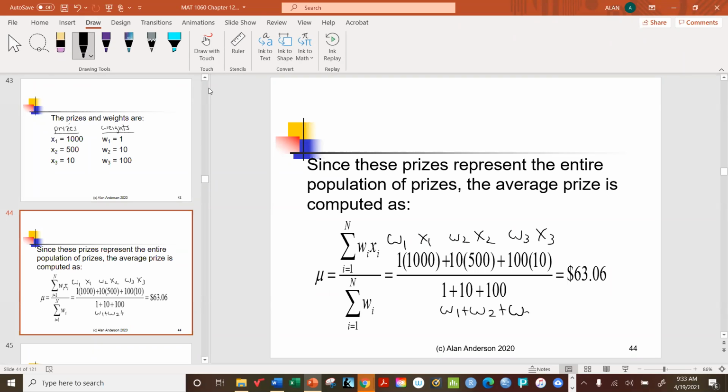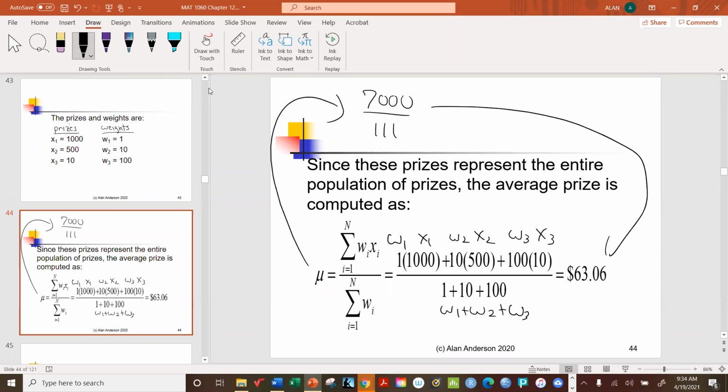I'd also like to point out, I should have done the calculation separately, but in the numerator you've got 7,000, and in the denominator you have 111. If you plug that into your calculator, you'll get approximately $63.06.